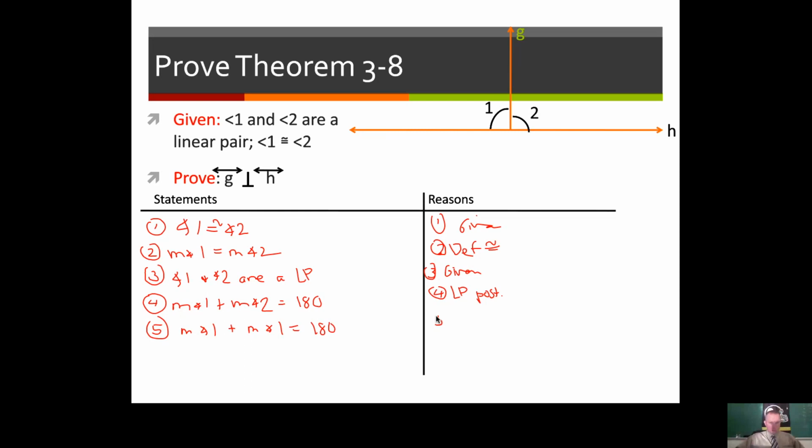Remember, that's called substitution. Now, if you have angle 1 plus angle 1's measure, that's the same thing as 2 times the measure of angle 1. So whatever angle 1 is, multiplied by 2, that's going to give you 180. All I did there was simplify.